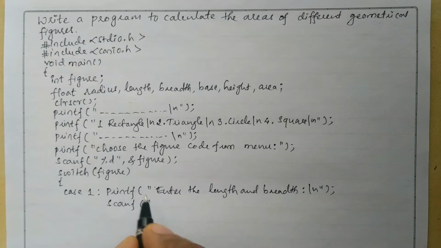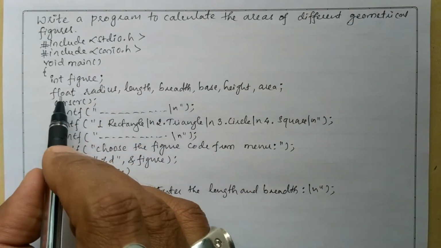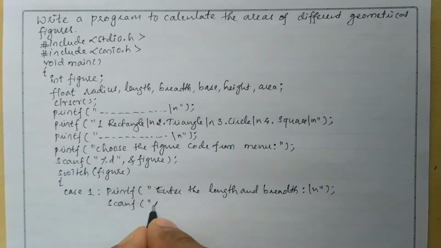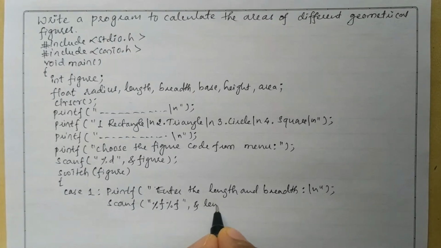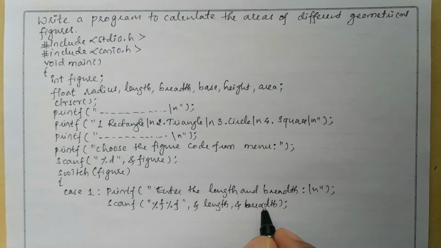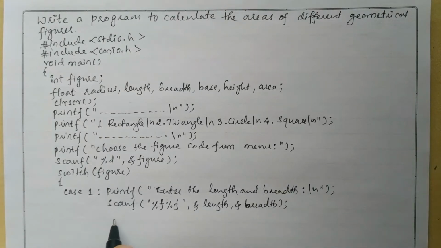And for length and breadth both of these two are floating point type of data, so that's the reason we are going to write format specifier %f, end the double quotation mark, put comma, and after that I'm going to write length comma ampersand of breadth, then put semicolon.